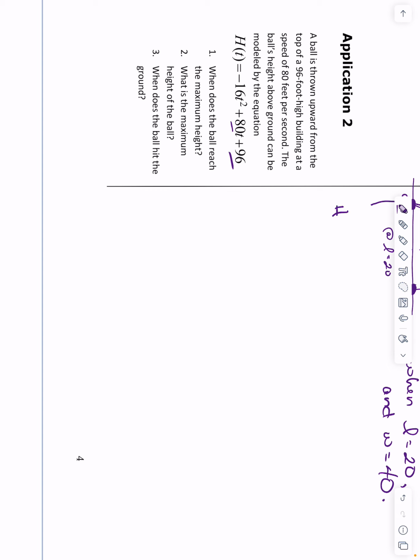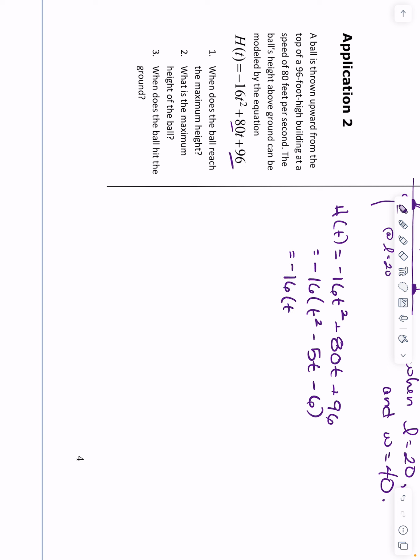So I've got my height function. And because I'd rather work with smaller numbers, I am going to see if I can factor that negative 16 out. And I get this function: negative 16 times t squared minus 5t minus 6, which I can factor further.